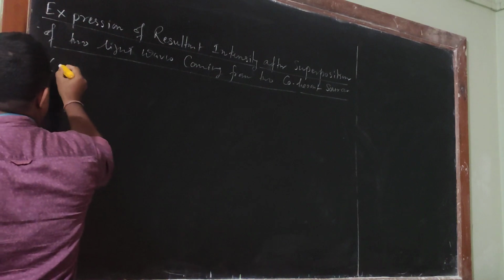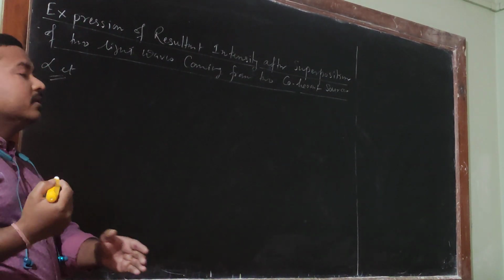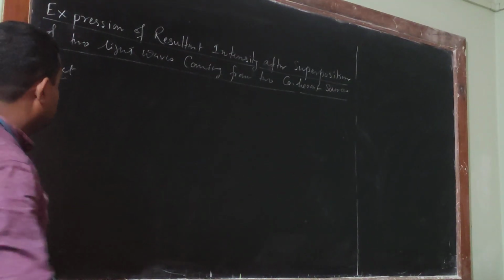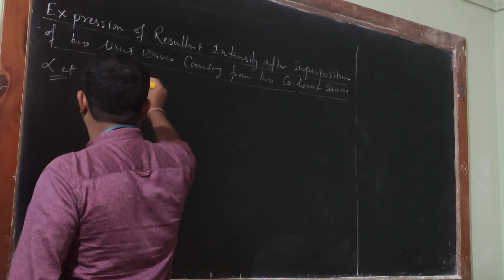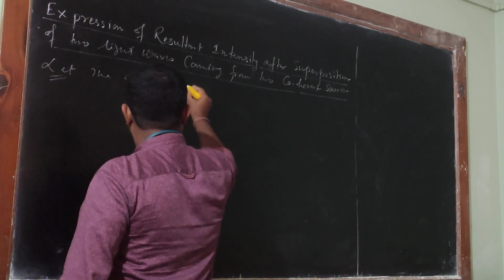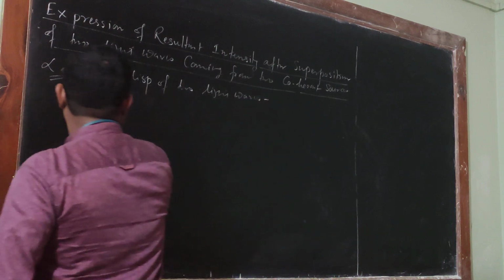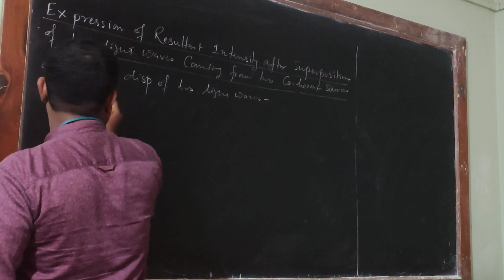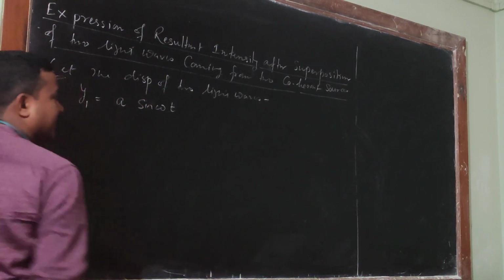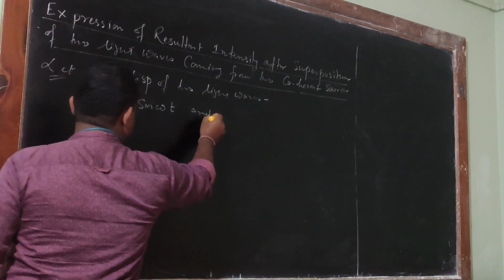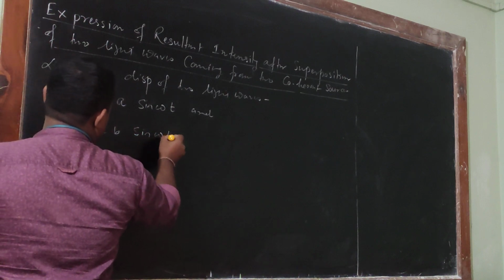Okay, so as we know, light is a transverse wave, so you can represent light waves by sinusoidal, meaning sine or cos waves. So let the displacement of two light waves, one you consider say y1 is equal to a sin omega t, and another you take say y2 equal to b sin(omega t plus phi).